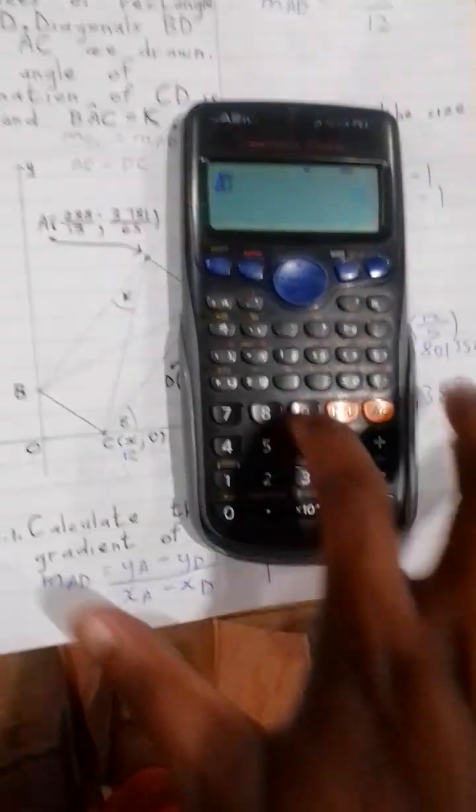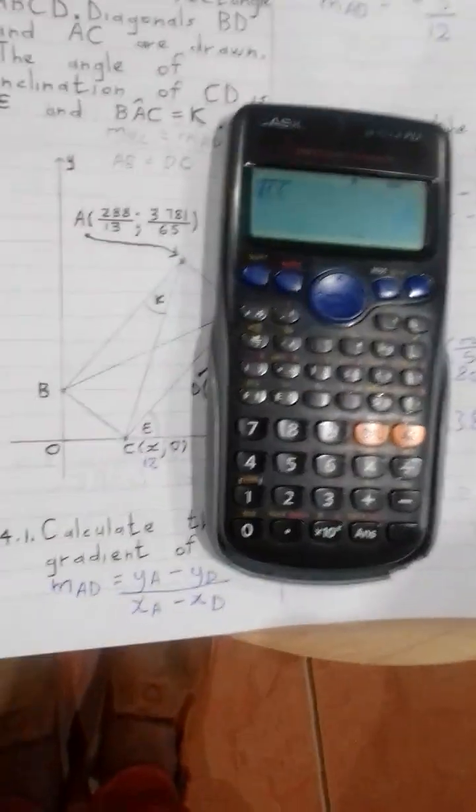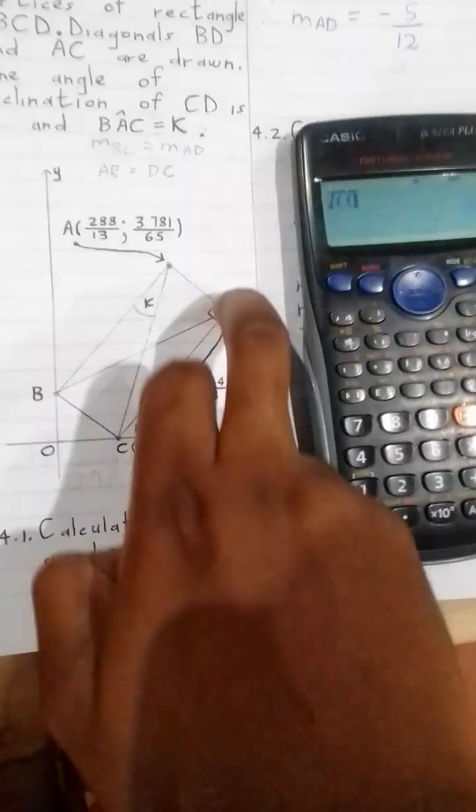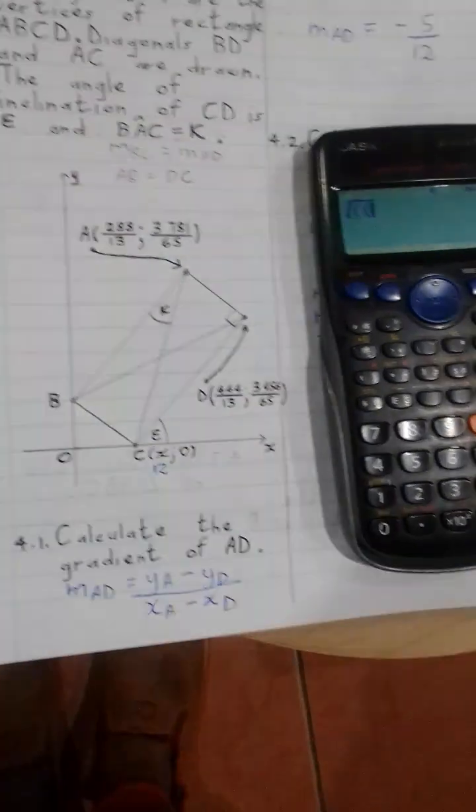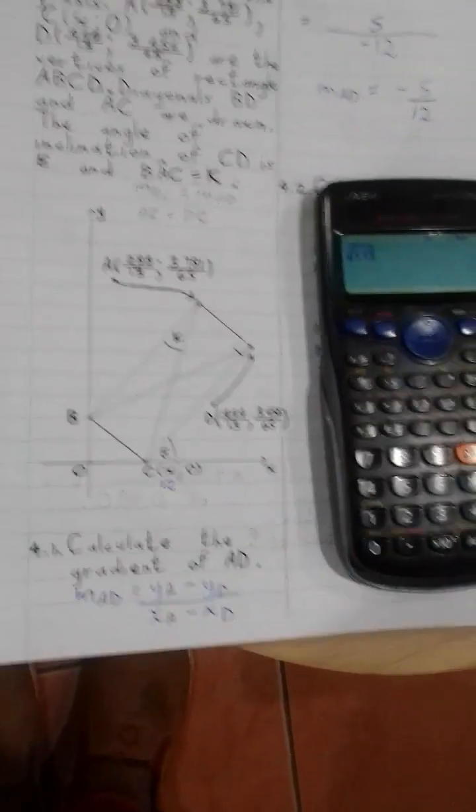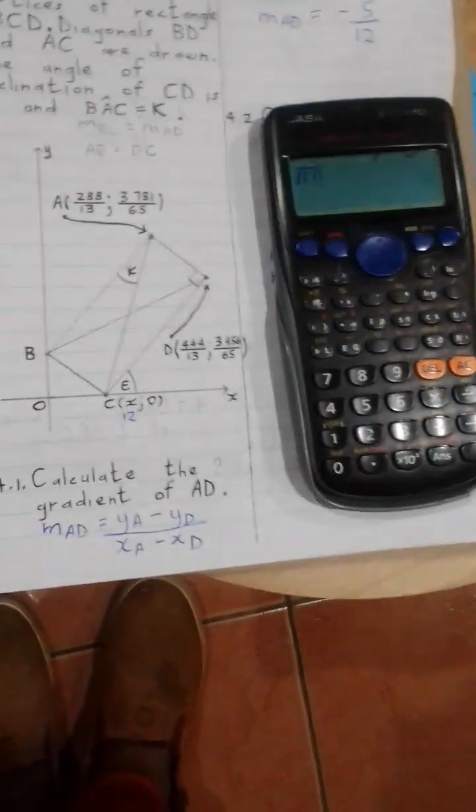CD, or DC, is equal to the length of AB. Let's see that when we use A, oh my, we don't have the coordinates for B. That's the problem.